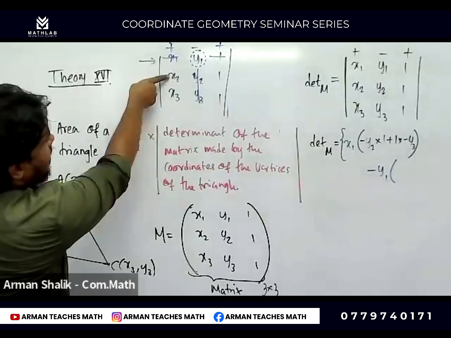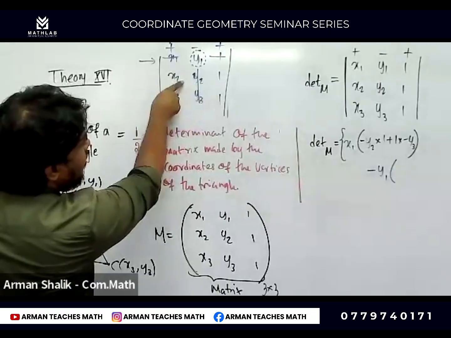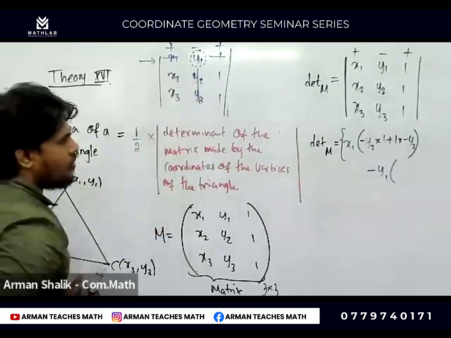Plus here, plus x2 multiplied by its diagonal. You have to multiply the diagonal. Plus x2 multiplied by plus 1.